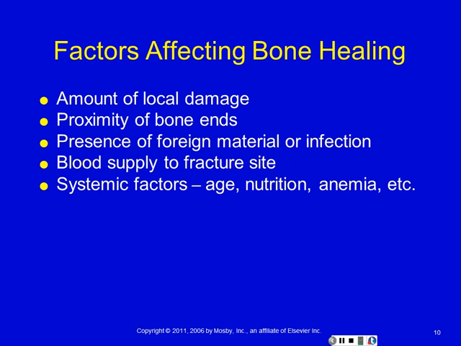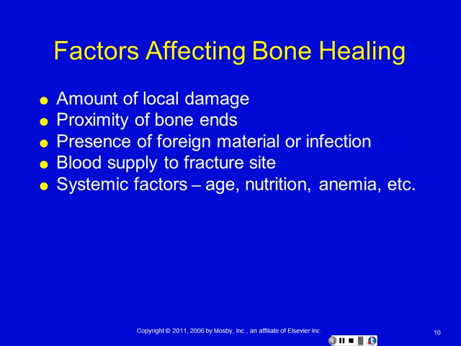You have to get the two ends of the bone in the same orientation in order to have that healing happen. So the surgeons will first try to put it in place without surgery. They'll pull on it and twist on it and tug on it to try to get those bones back in alignment.